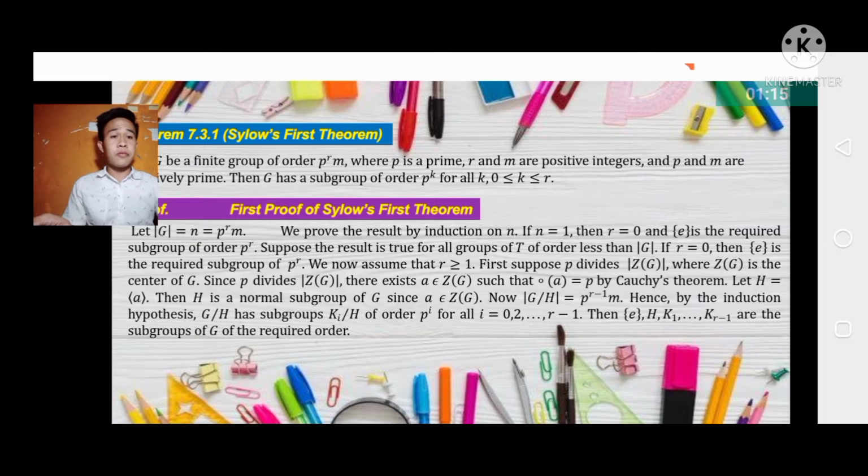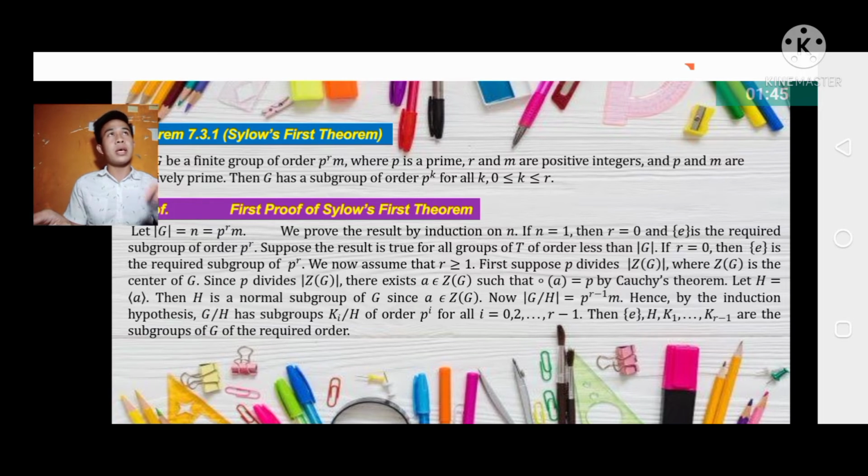Why? If n is equal to 1, we conclude that r is equal to 0. We assume that the order of the group G is equal to 1. So if n is equal to 1, then for our subgroup of order p to the power r, any number with exponent 0 automatically gives 1, which is why r is equal to 0.